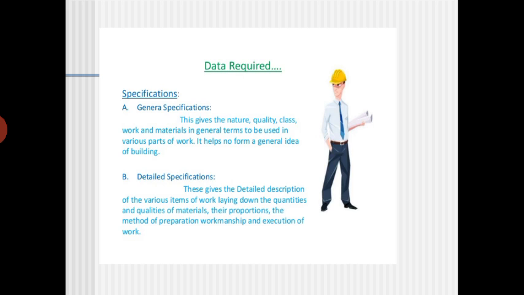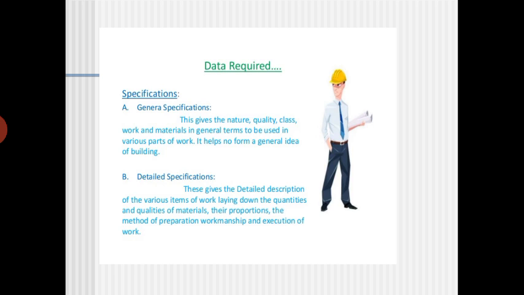You have two types of specifications. First one is general specifications. Second one is the detailed specifications. The general specifications involve the nature, quality, class of the work, and materials of the general items.